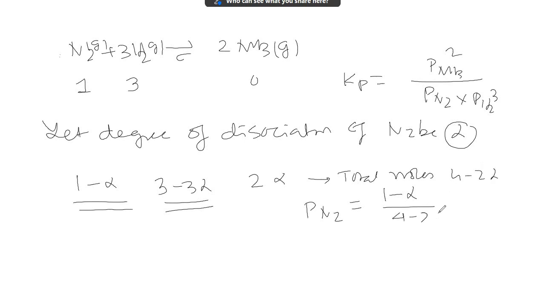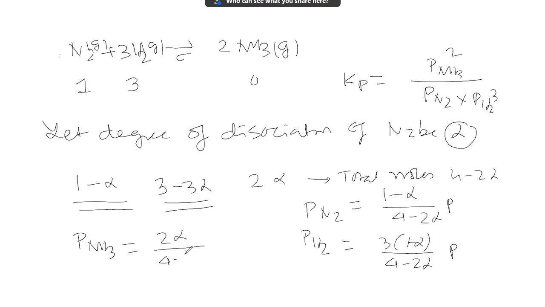So 1 minus alpha over 4 minus 2 alpha into P is the partial pressure of nitrogen. PH2 will be 3 into 1 minus alpha by 4 minus 2 alpha into P. PNH3 will be what? In this way, PN2, PH2 and PNH3 were determined.